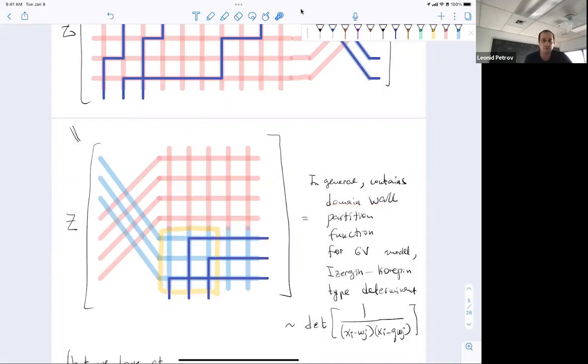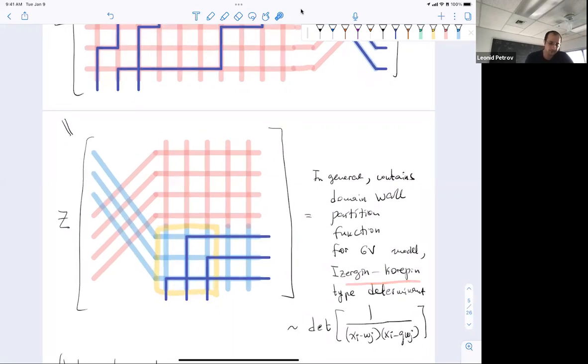And in general, for the not necessarily free fermion model, you would get a determinant for the partition function here, which is the so-called Izergin-Korepin determinant, and it's a Q deformation of the Cauchy determinant. And what we're after is actually the free fermion case. And by the way, this Q is not the same as the plane partition Q, so maybe I call it T. So in the free fermion case, you actually get T equals 0.